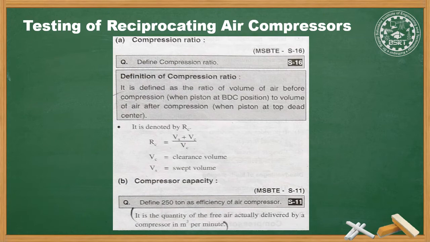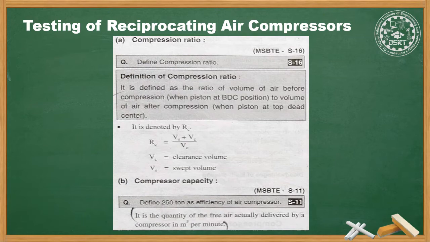It is denoted by Rc and it is given by (Vs + Vc) upon Vc, where Vs is the swept volume and Vc is the clearance volume. This compression ratio definition we have also studied in the IC engine chapter.